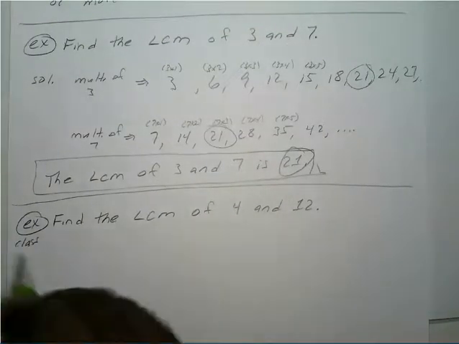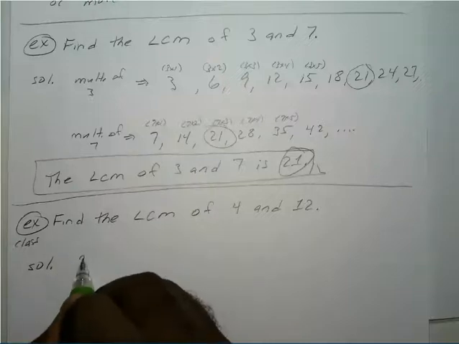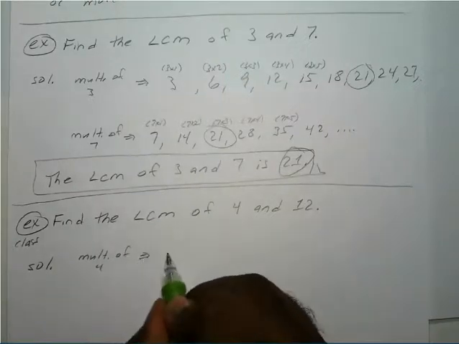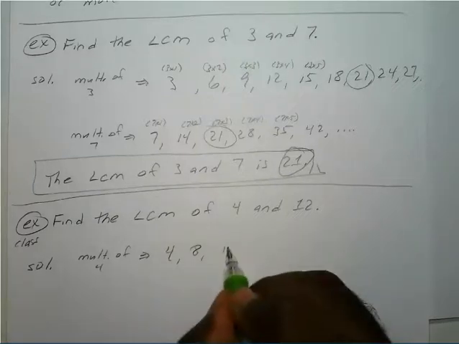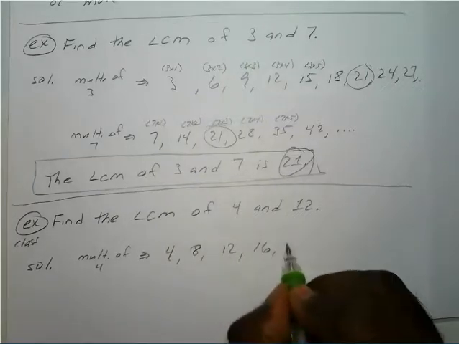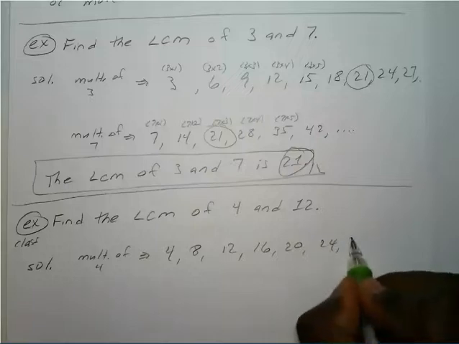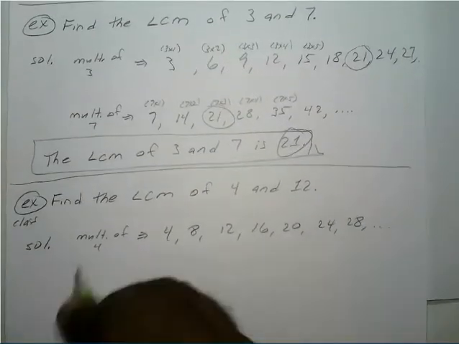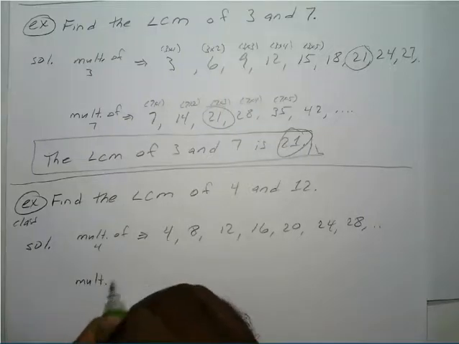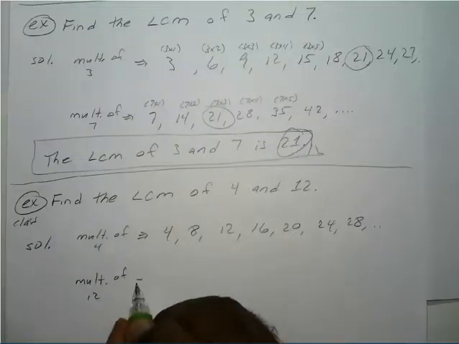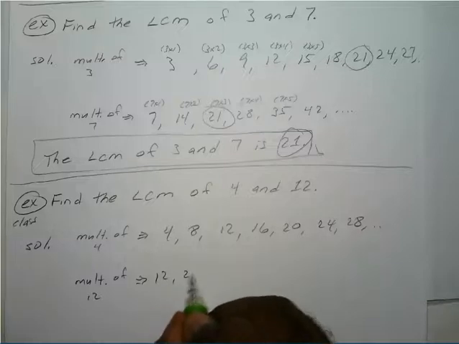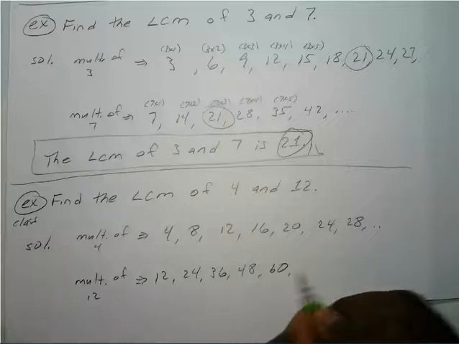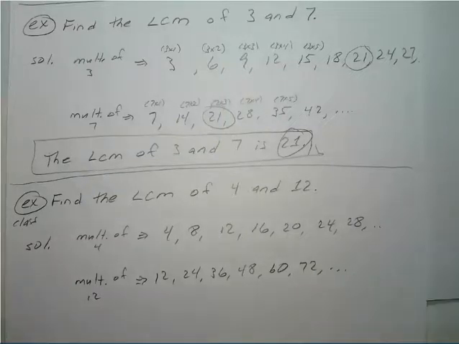Okay, first we find our multiples of 4. Multiples of 4, which is 4, 8, 12, 16, 20, 24, 28, and so on. And then you have your multiples of 12, which is 12, 24, 36, 48, 60, 72, and so on.